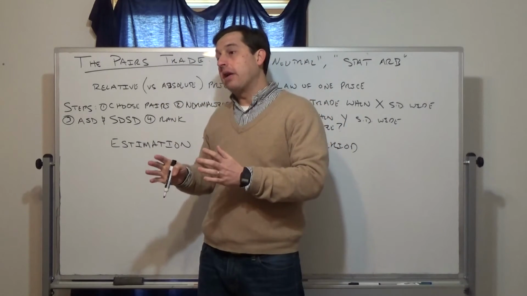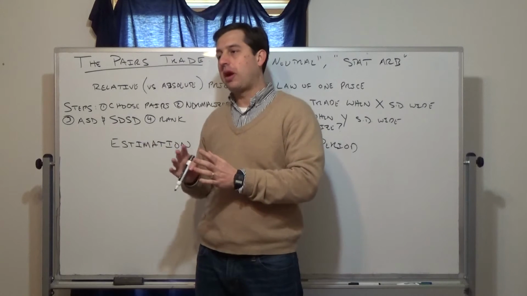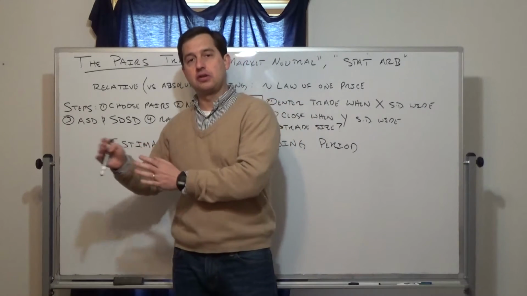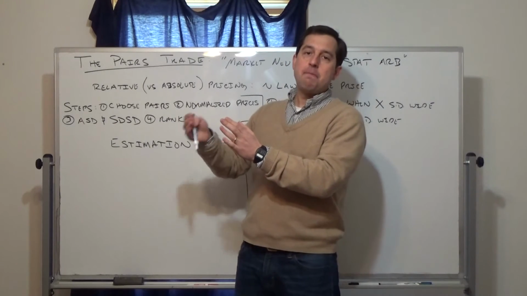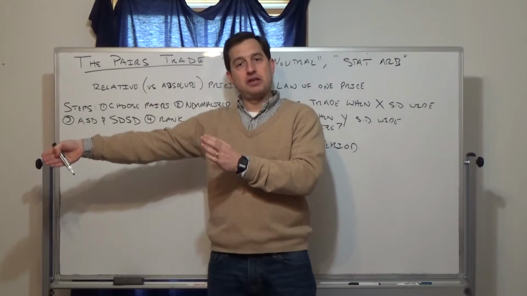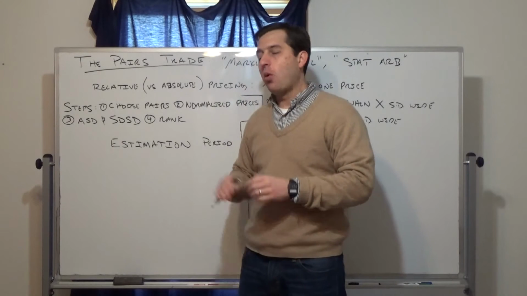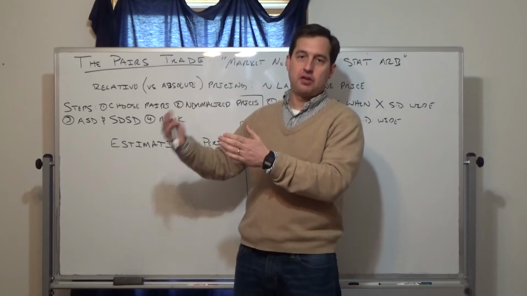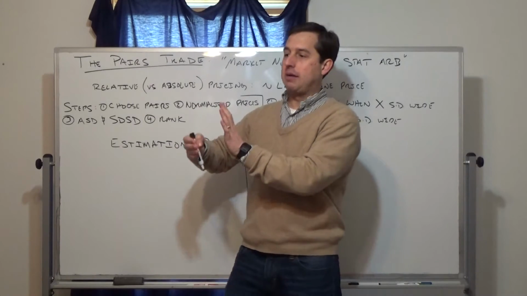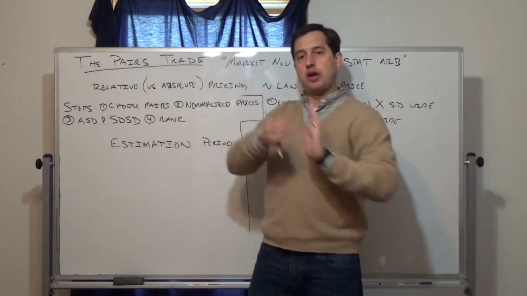What we are doing here in the pairs trade is pricing a stock relative to another stock. So what we're saying is, I don't know what the price of the stock should be, but it should be the same as the price of this other stock. Or you could have it be some multiple of the price of this other stock. But the idea here is I'm just pricing this stock relative to another stock.